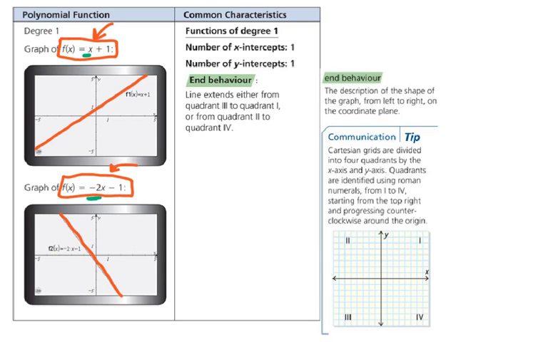So the characteristics, we will always have one x-intercept, we will always have one y-intercept, and the end behavior, which talks about the left and the right ends of the graph, will either go from quadrant 3 to quadrant 1 if we are moving up from left to right, or from quadrant 2 to quadrant 4 if we're moving down left to right. Just remember quadrant numbers 1, 2, 3, and 4.